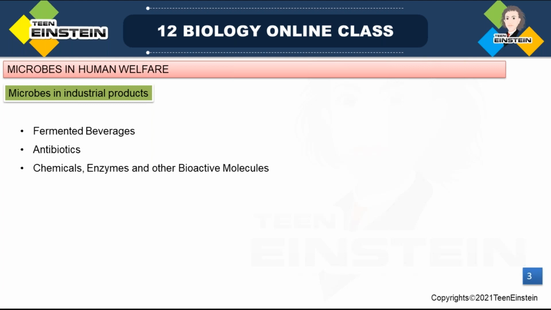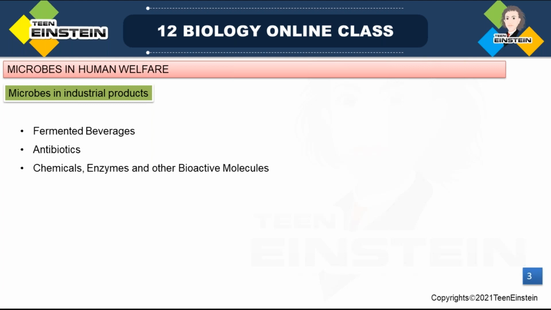What role these microbes have in the production of all these things, that's what we are going to learn under microbes in industrial products. In household products, we have learned about curd, then dough, how it helps in bakery items, curd formation, batter formation, and cheese.